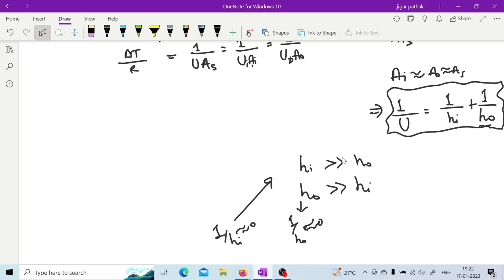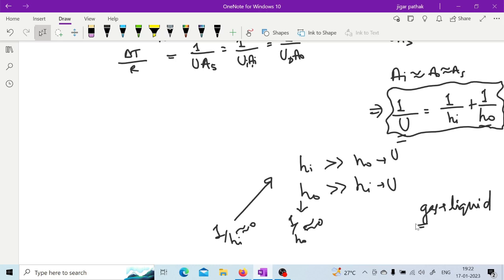So what is going to happen is this overall heat transfer coefficient will be almost near to one of these. In this particular case the overall heat transfer coefficient will be near to this, and here it will be near to this. Now this kind of situation arises when you are having gas liquid heat exchangers, because gases have less heat transfer coefficient in comparison to liquid.